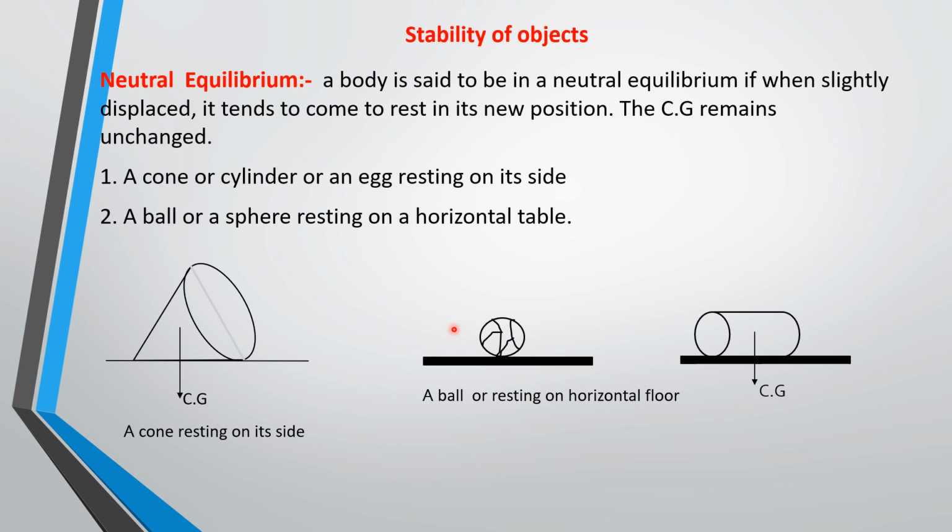Then we talked about stability of objects. The most stable objects are objects that have a low center of gravity and a wide base. So we discussed that, we talked about unstable equilibrium, high center of gravity, then neutral equilibrium.